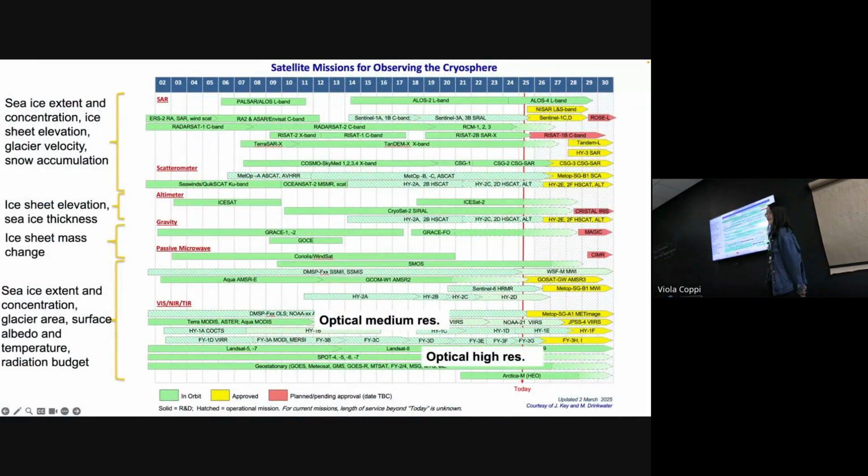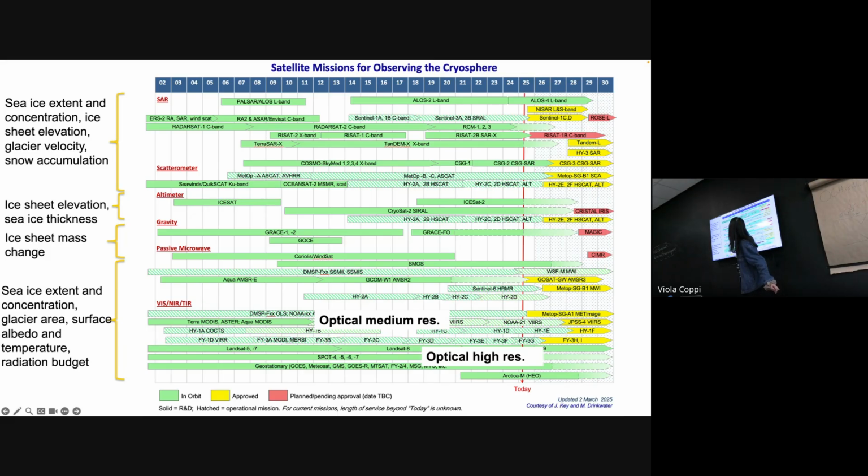And this is quite a busy figure. It shows all the satellites that have the capacity to monitor cryosphere changes. The bottom layer is about optical, in terms of Landsat, the Chinese satellites HY and FY, Landsat 5 to Landsat 8 and 9.